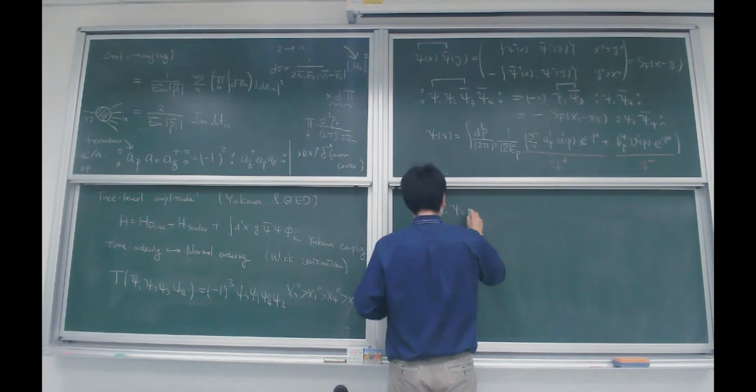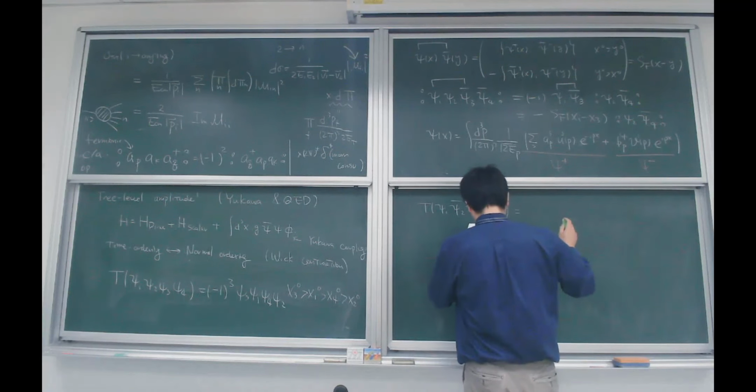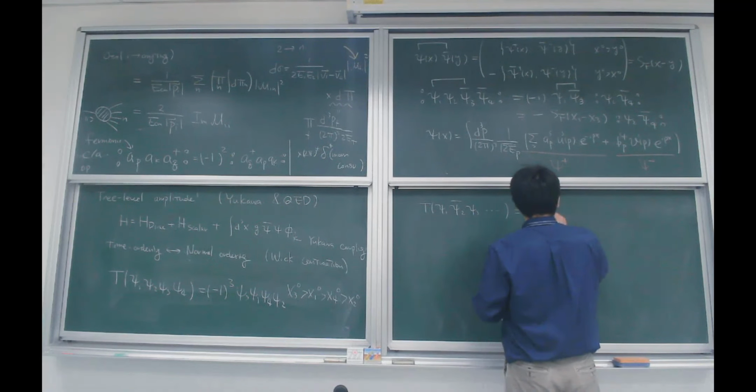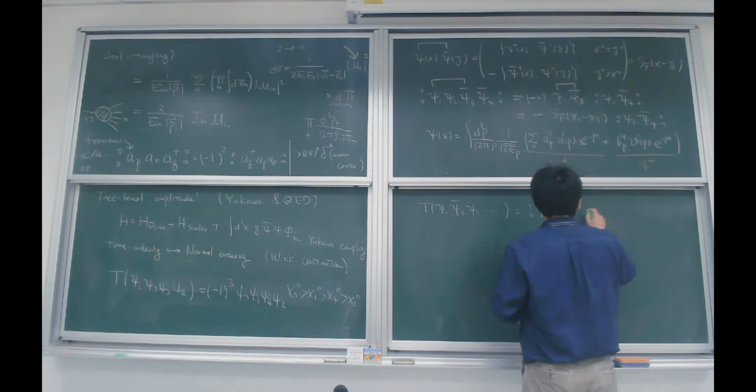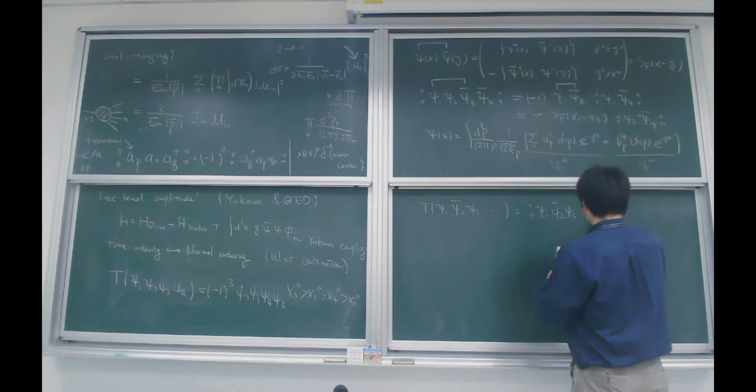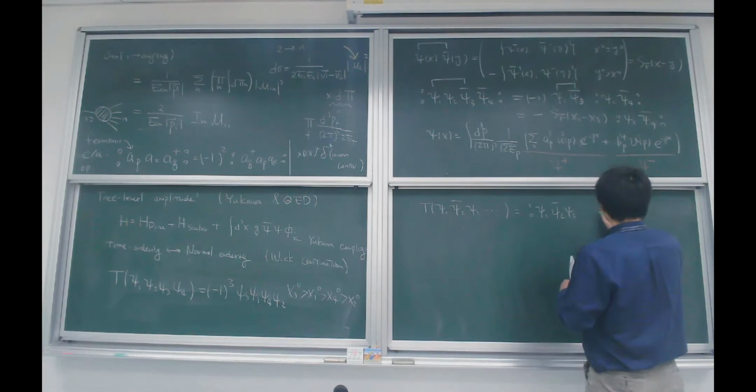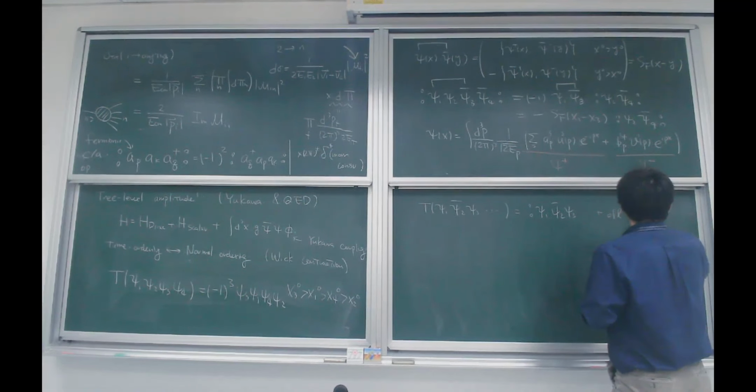It's all possible contractions. So that's the same as scalar theory. Okay, so that's a rule for fermions.